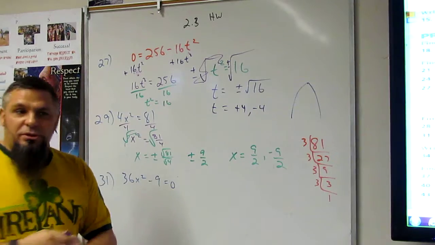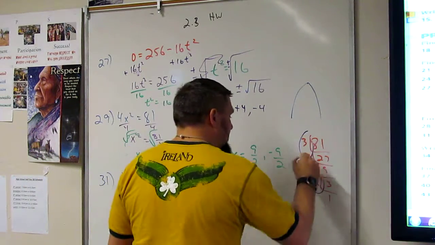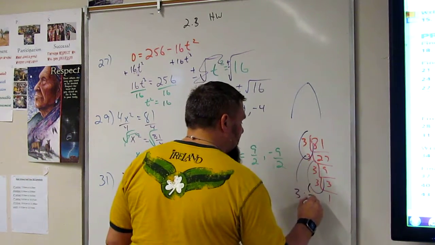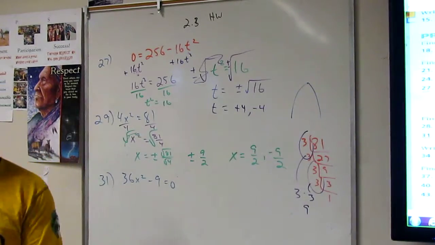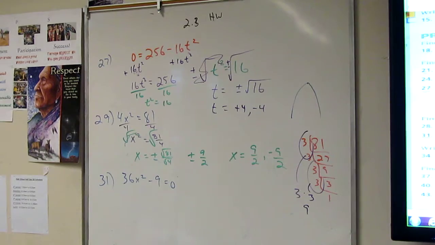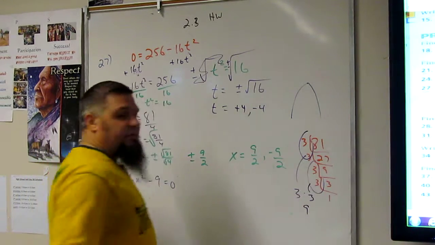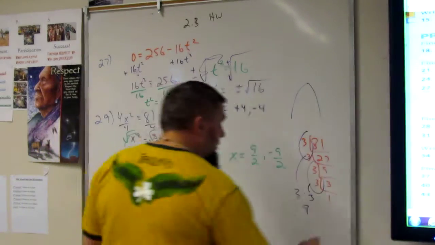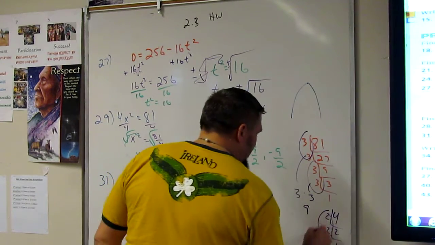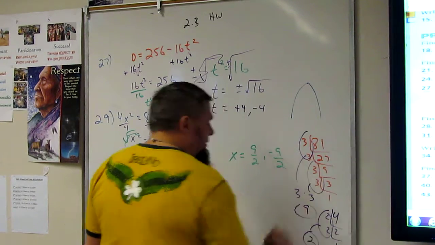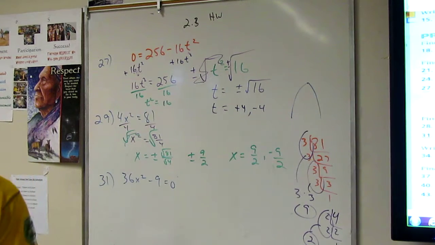And then we circle our pairs. We get 3 times 3, which is 9. That's how you find the square root. And there's none left over, right? Because there's nothing left. You can do the same thing with 4. 4 broken down is 2 times 2, which is 2 and 1. So you got a pair here, which is 2. So that's how you can find your square root.